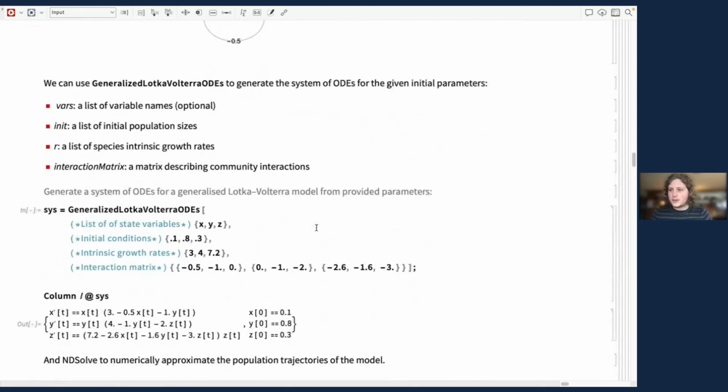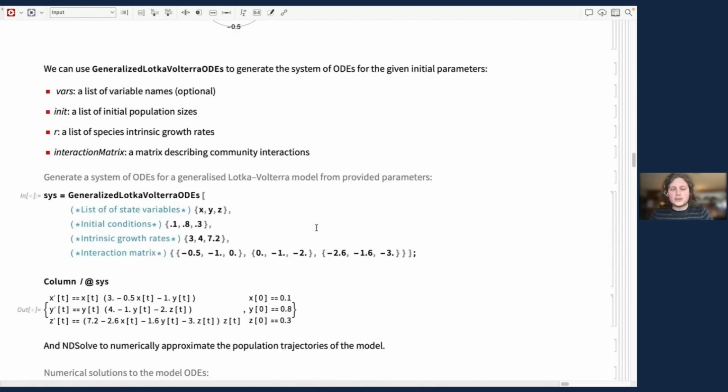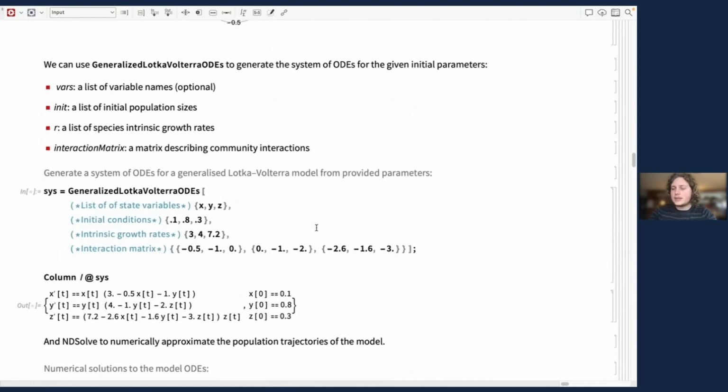We can use this function that I've defined, generalized Lotka-Volterra ODEs, which is defined at the end of the notebook. For a given set of initial parameters to simulate this system, you'll need a list of variable names, an initial list of population sizes for each species, a list of the intrinsic growth rates for these different species, and this interaction matrix that describes the community interactions.